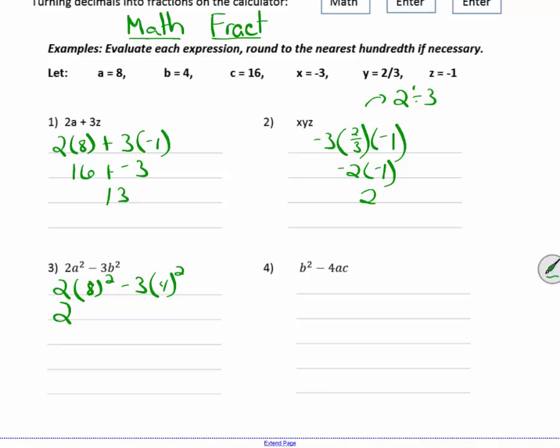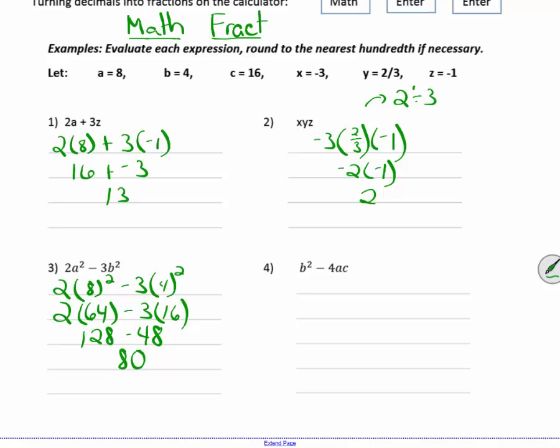So 8 squared is 64, and 4 squared is 16. So 2 times 64 is hopefully 128, and 3 times 16 is 48. So then when you subtract those, I certainly hope I did that right because I'm doing it without a calculator, you should get 80.